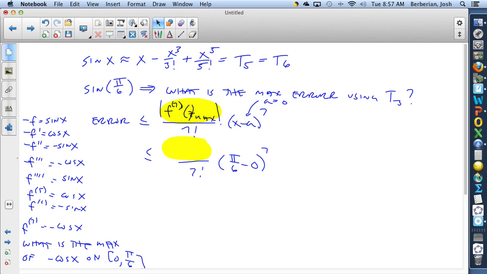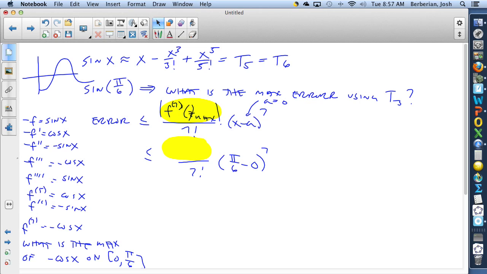So from 0 to pi over 6, doesn't negative cosine look something like this? So what's the maximum absolute value that it takes on? The y values are how high above or below the x-axis.